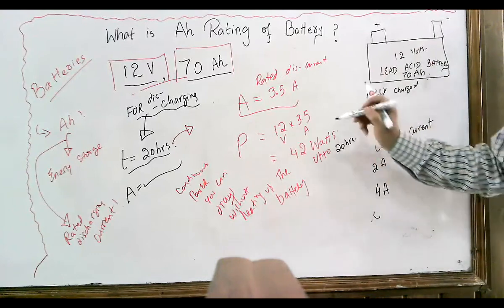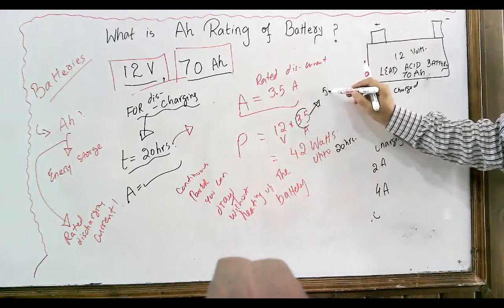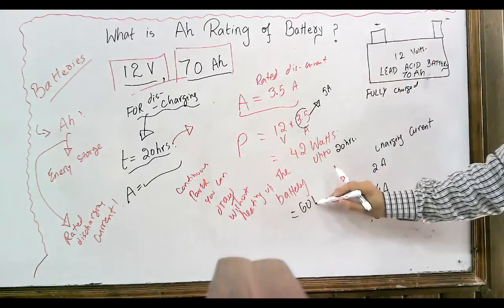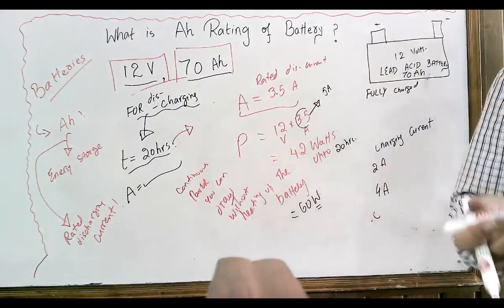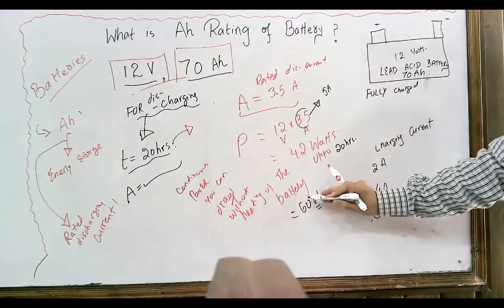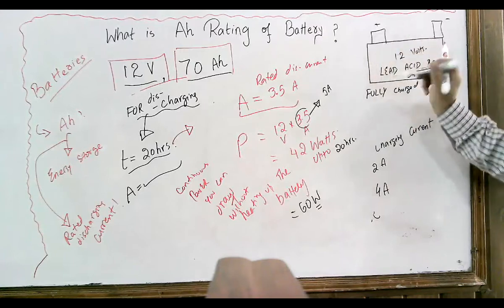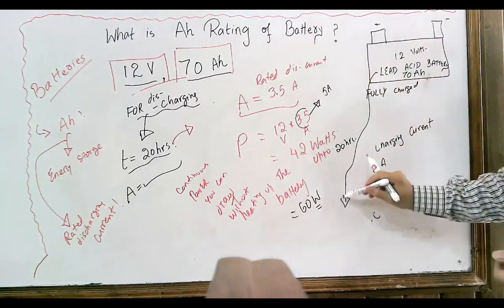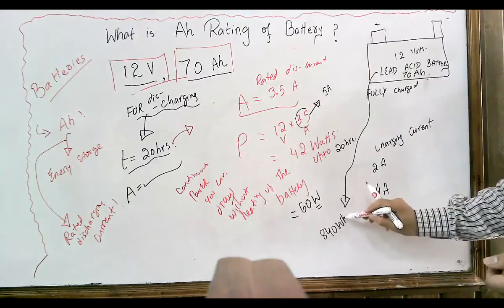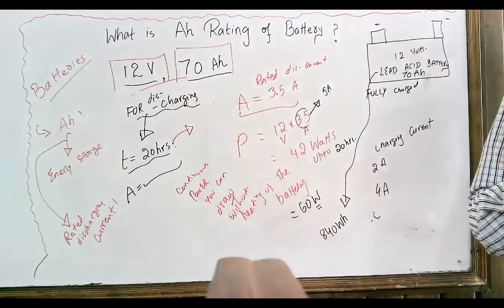But if you are drawing, let's say, more current, like 5 amperes, then this time the power is 60 watts. So the battery will discharge quickly. Now the battery will last less time, because how much energy this battery has, we calculated it has around 840 watt hours. How did we do it? We multiplied 12 by 70 ampere hour.